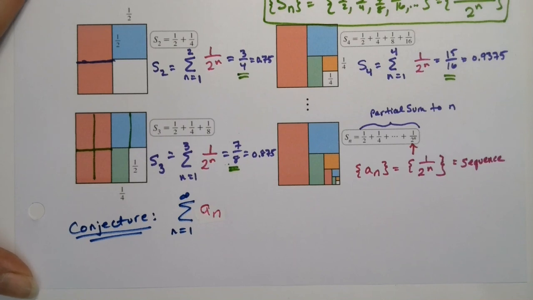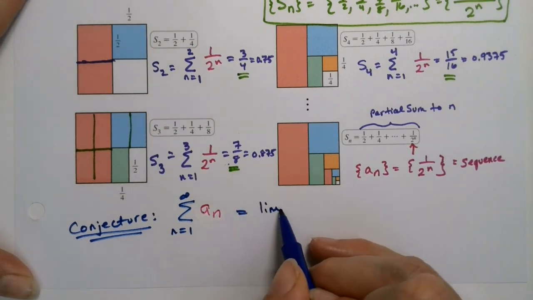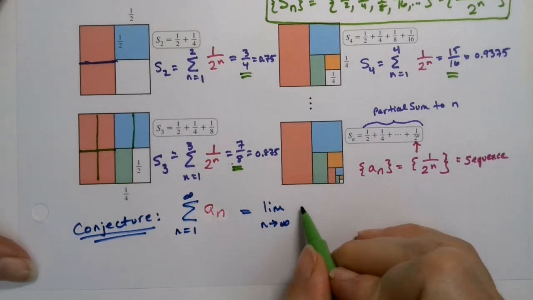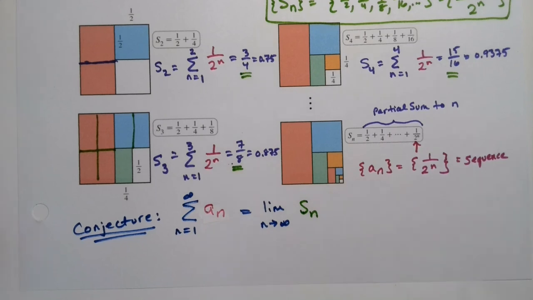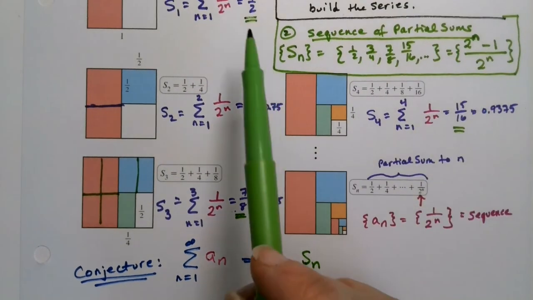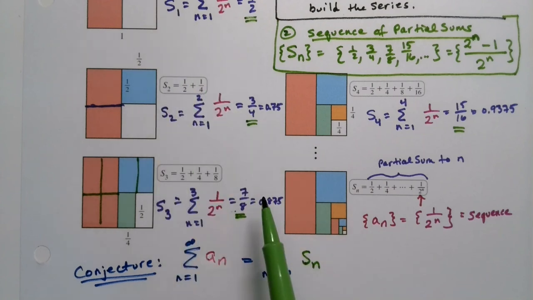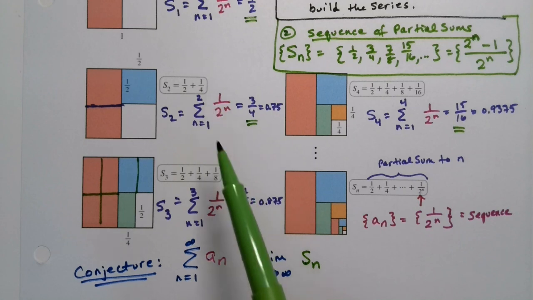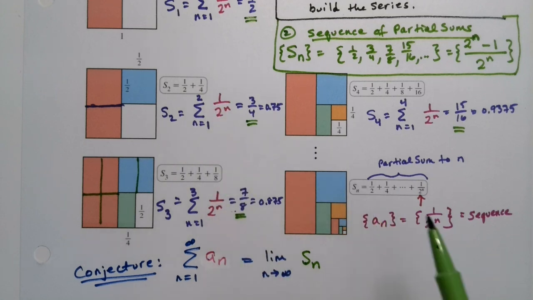That would be the limit as n goes to infinity of that new sequence of partial sums, wouldn't it? So if I take this little pink sequence and I just keep adding and adding, which is what all these additions are, then that's really taking the limit as n goes to infinity of this sequence of partial sums.